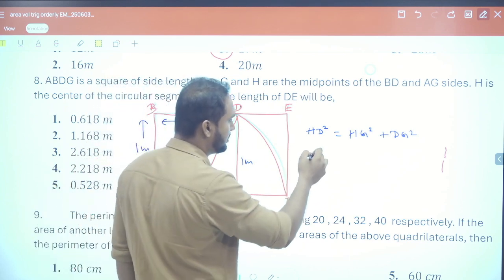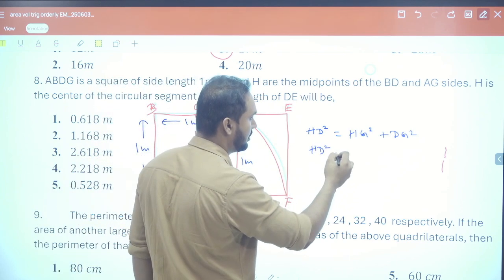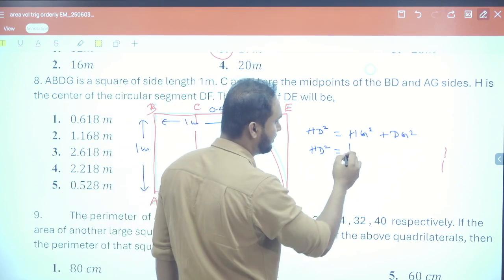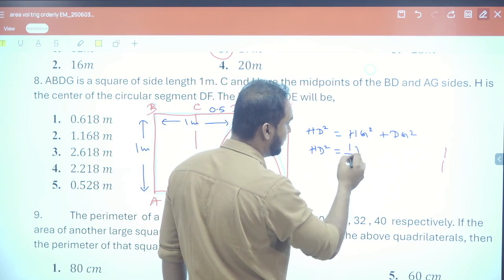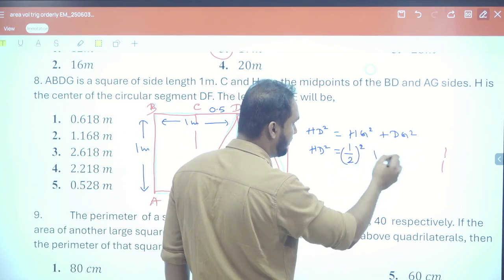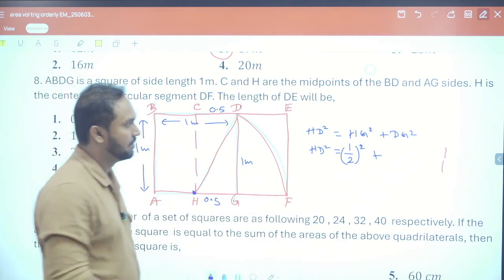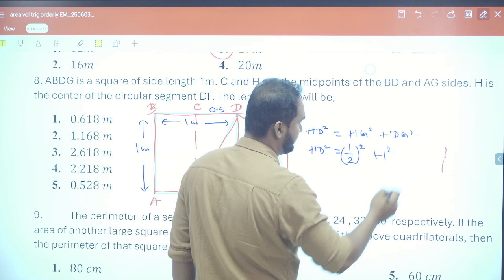So HD square equals HG squared plus DG squared. How much is HG? HG is 0.5. I'll take it as a fraction, like half. So half squared plus, how much is the DG? 1 meter. So 1 squared.